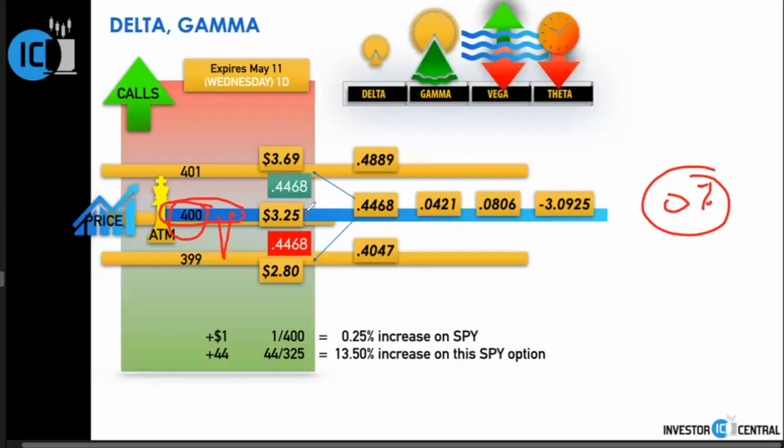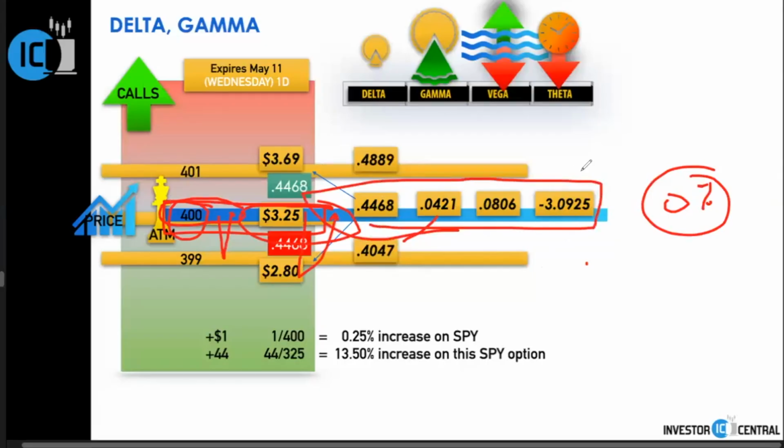But in this situation, like I'd shown you, it's going to come back to a small loss because of the way that gamma and delta work together when price moves. Understand that it's not going to be directly one-to-one. These Greeks all work together. So theta is constantly changing as price fluctuates. Delta and gamma are changing.